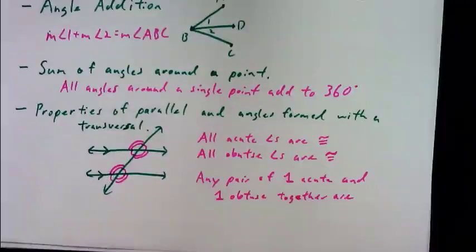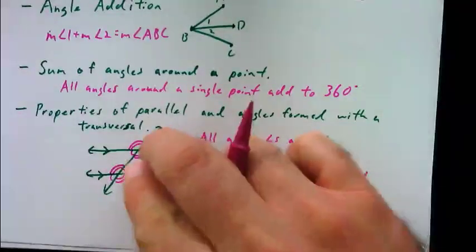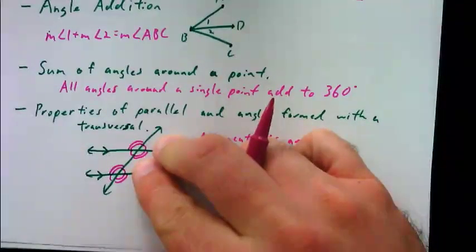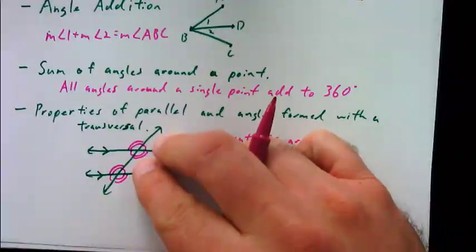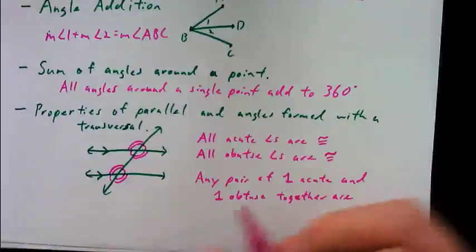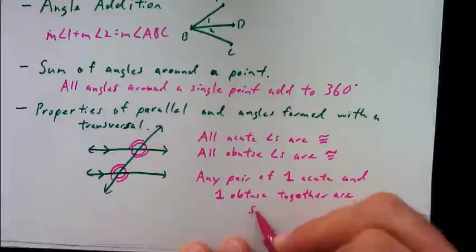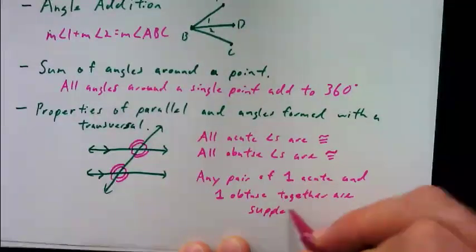What do you think? So let's pick a pair that's next to each other. These two angles form a straight line. Therefore, they're a linear pair, and therefore they are supplementary. So any pair of one acute and one obtuse angle are supplementary.